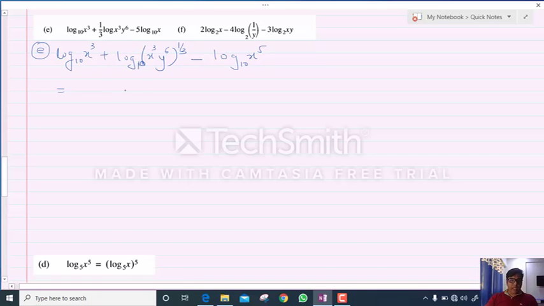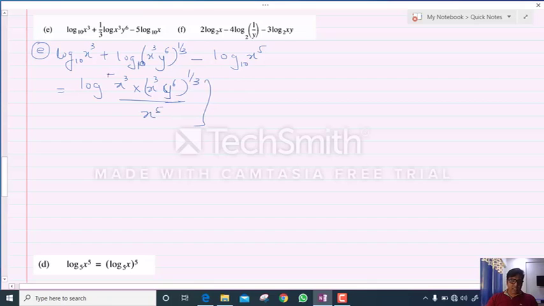Since you have plus and minus in between, you can multiply and divide. Wherever you have plus, those get multiplied, and wherever you have minus, it comes into division, so this is over x raised to 5.